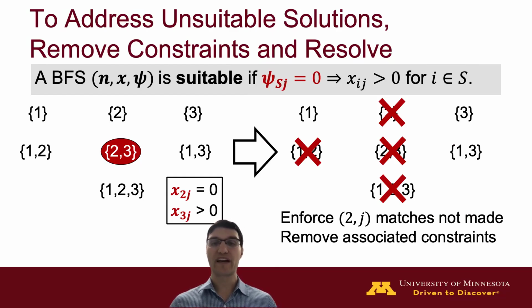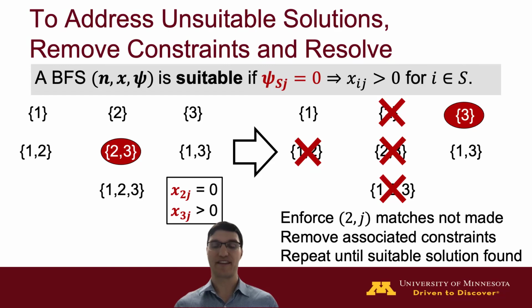And when we do that, we can again ask which constraints are tight. Say, for example, this is the tight constraint that we get. And now that's telling us, okay, J is only going to match to 3, for example.